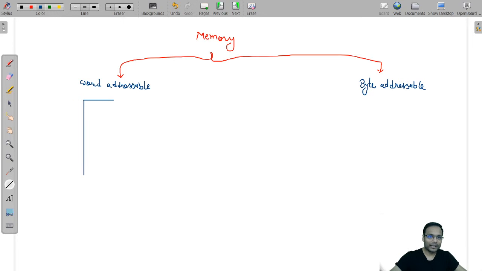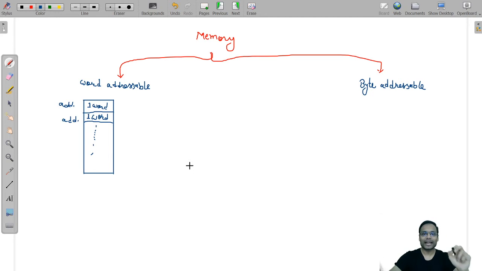Suppose you have a memory like this. Word addressable memory says that on each address you can keep one word. How much can you keep? One word. On another address, you can keep one complete word in the memory, and it goes on the same.